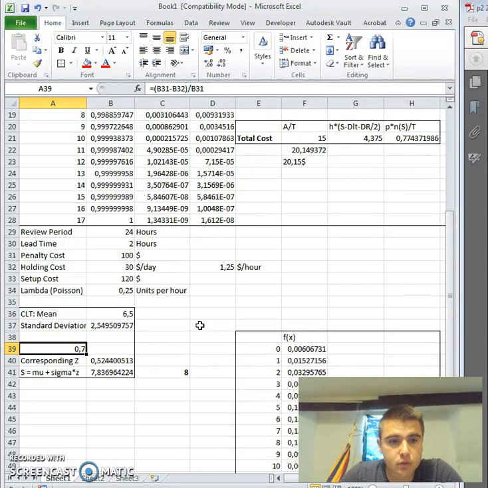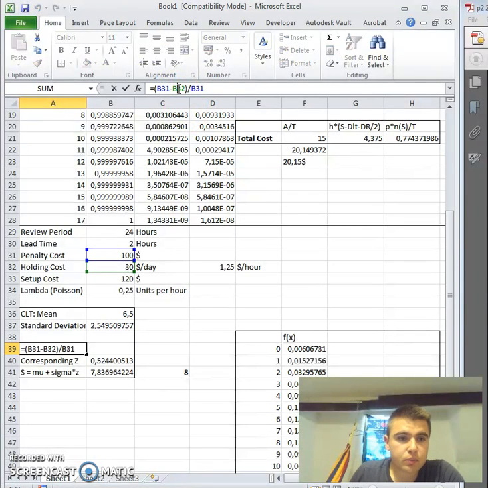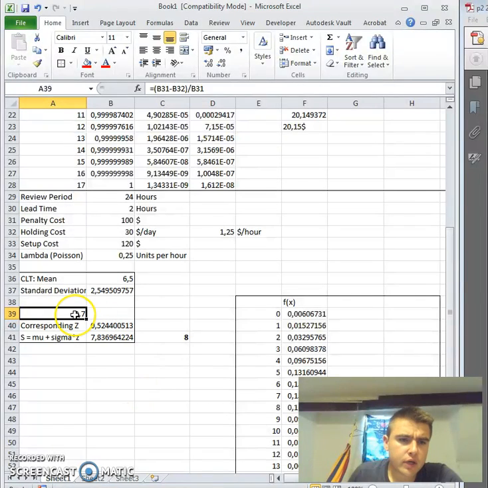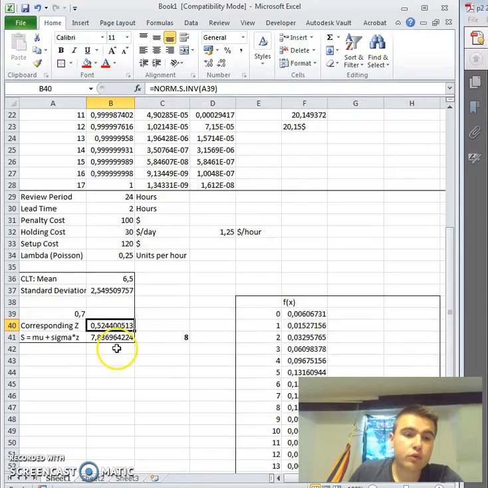And then for the normal distribution, we simply do the same. So we take (P minus H times T) divided by P, and H times T is 30 right now, so you don't even need to use 1.25 because units are the same. So you get a number which is 0.7, and from the normal distribution table we can find the inverse value, which is 0.52.